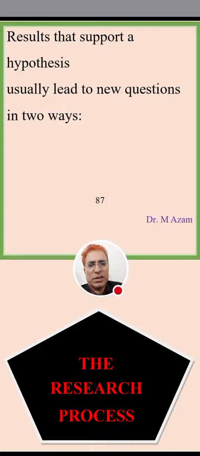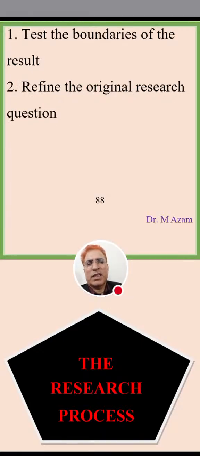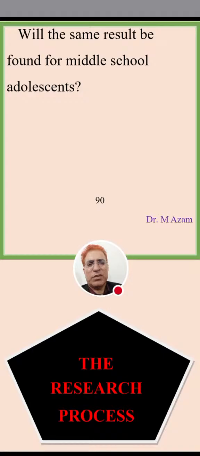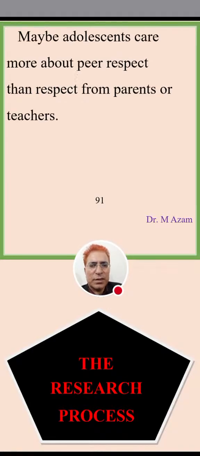in two ways. Number one, test the boundaries of the result. Number two, refine the original research question. Test the boundaries of the result. Suppose your study shows higher academic performance is related to higher self esteem in elementary school children. Will the same result be found for middle school adolescents? Maybe adolescents care more about peer respect than respect from parents or teachers.